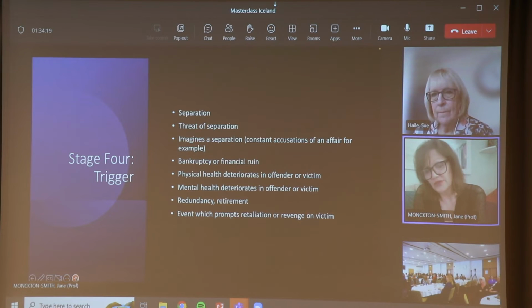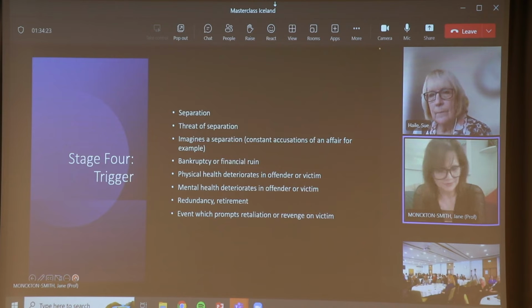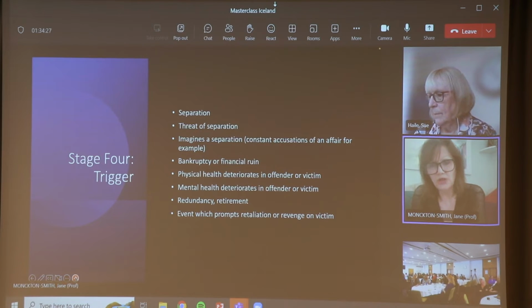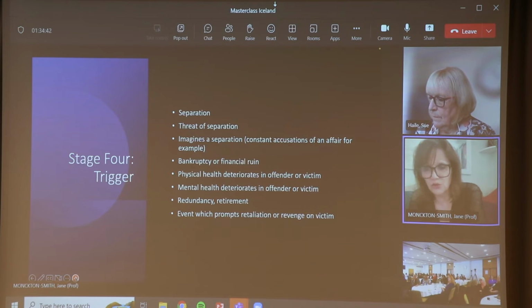And one thing that I haven't put on the slide, which I perhaps should, is pregnancy. So some people will say that when they got pregnant, that's when the abuse started. It's far more likely, and is upheld more in the research, that the control was always there, but it escalates during pregnancy.